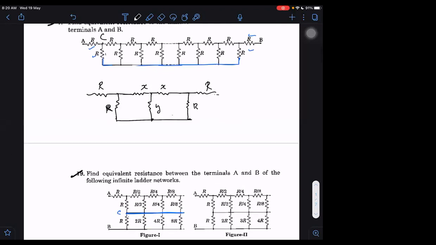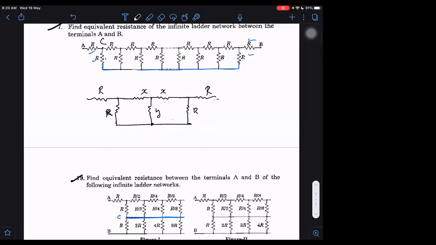The pattern is the same only, right? After you write X directly, the right angle divided by right angle.